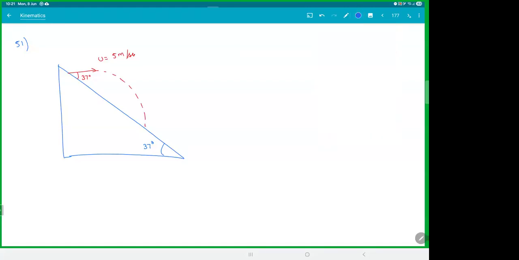Find the range on the incline. Let's get this. This is just numbers again.